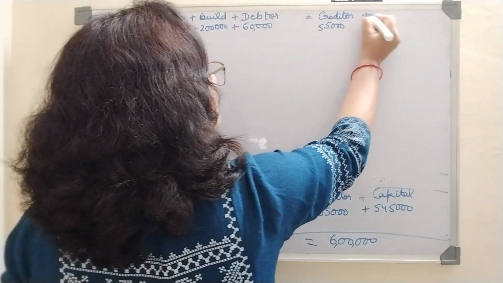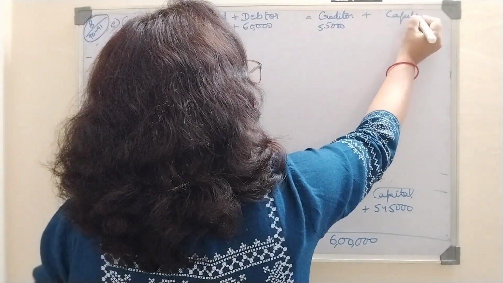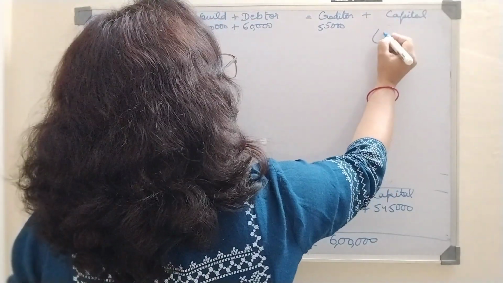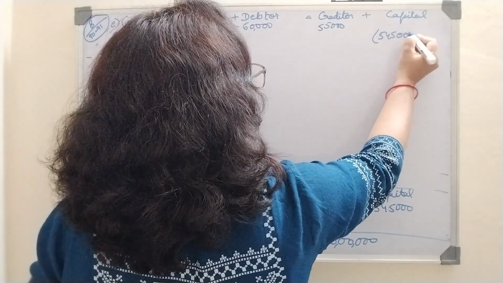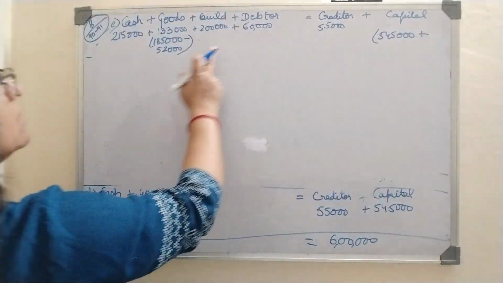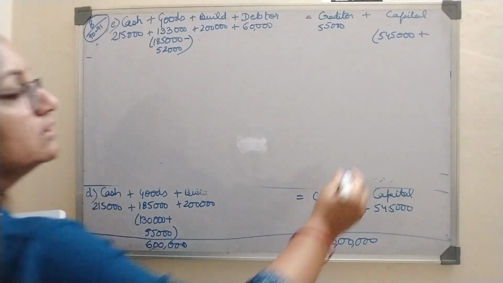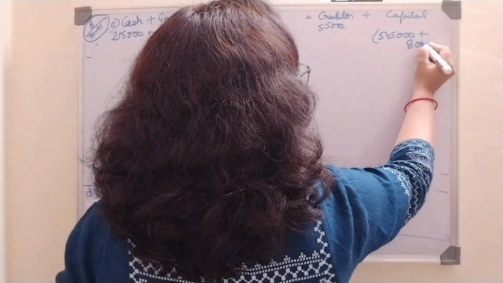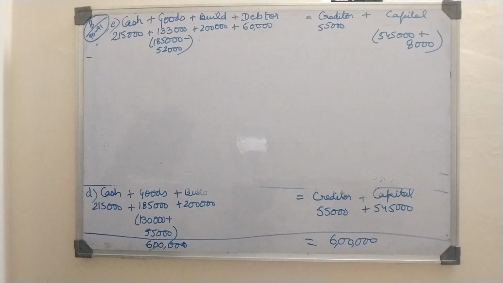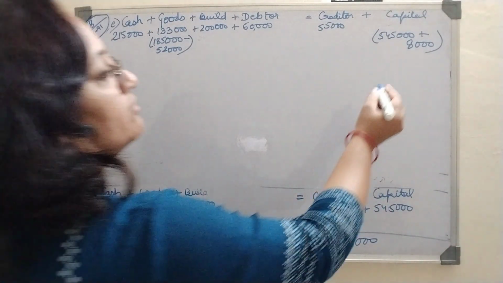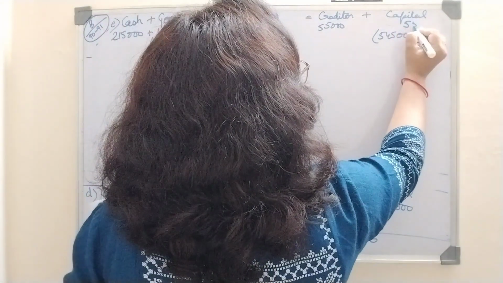Don't forget that. So capital. And how much profit I have got? 5,45,000 plus 60,000 I sold for 52,000. So I have got 8,000 as profit. So 5,45,000 plus 8,000 comes to 5,53,000.